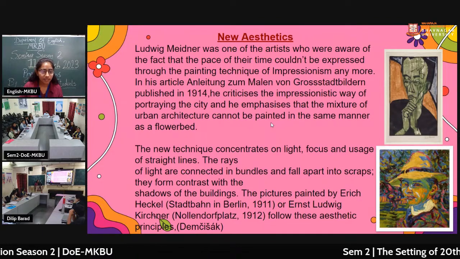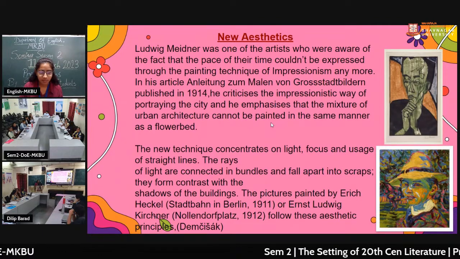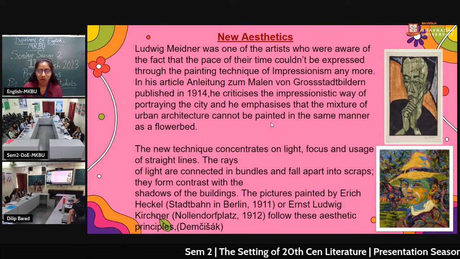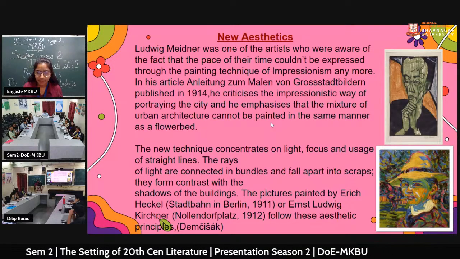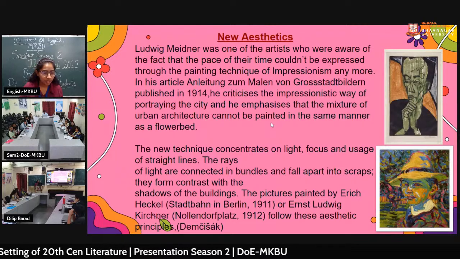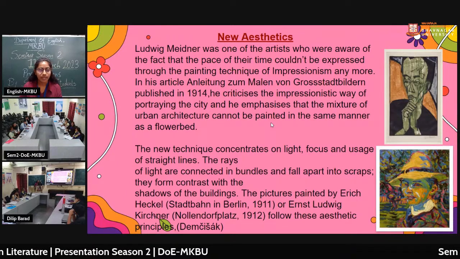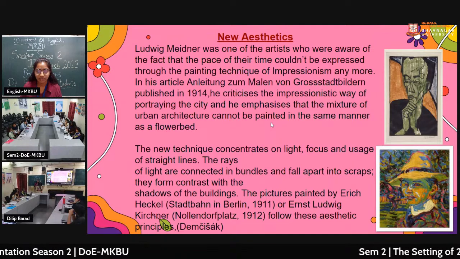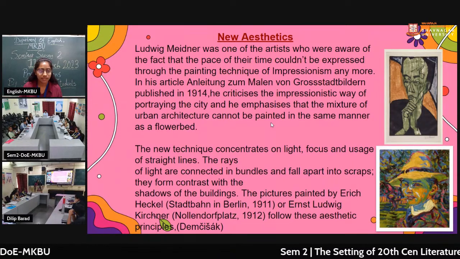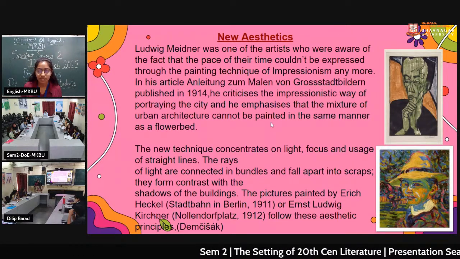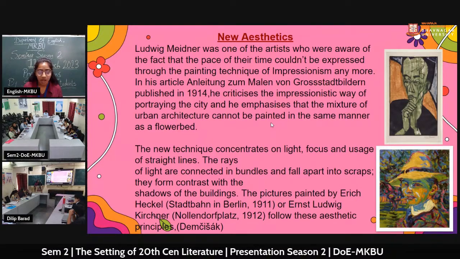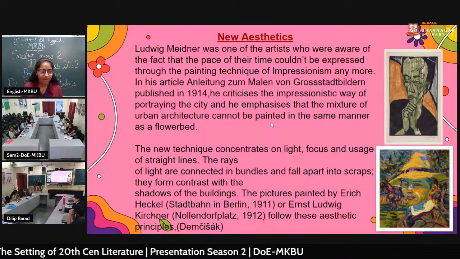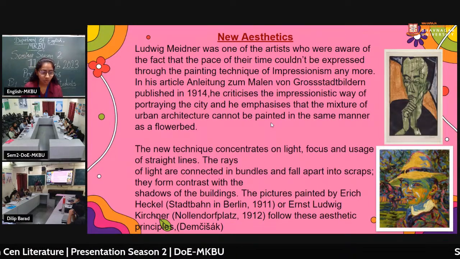In his article, published in 1914, he criticized the impressionistic way of portraying the city, emphasizing that the mixture of urban architecture cannot be painted in the same manner as before.